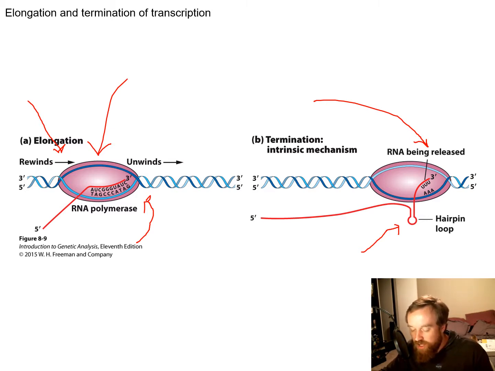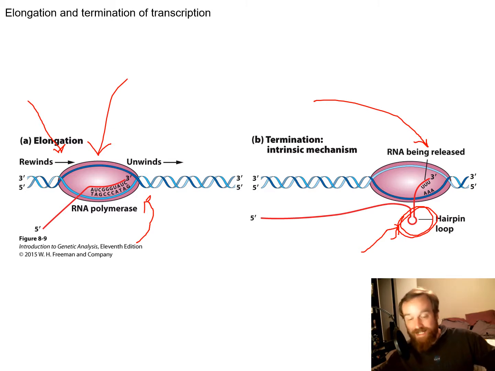And so in the UTR regions, there are sequences that will lead to things like hairpin loops. And when that hairpin loop has been created, that is a message to the transcription machinery that it needs to release off of the DNA because there's no longer gene beyond that. That's the end of the gene.